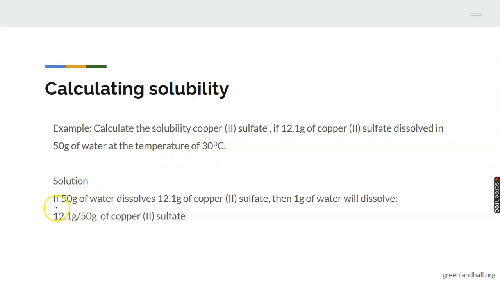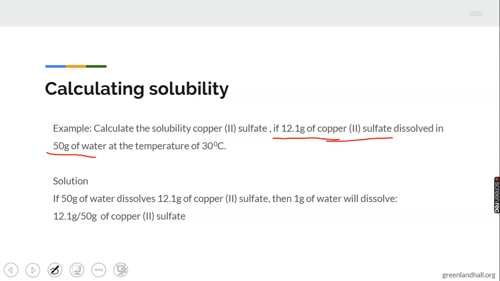Our solution now: from the question given to us, 50 grams of water can dissolve 12.1 grams of copper 2 sulfate. You have to calculate the solubility of that copper 2 sulfate.